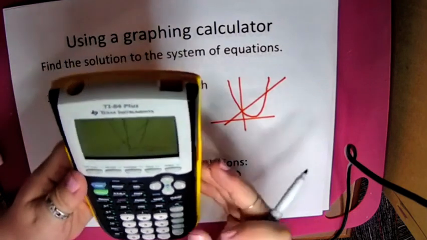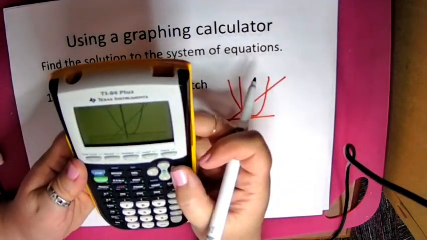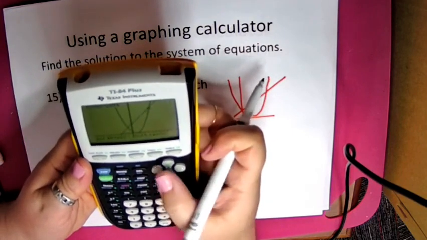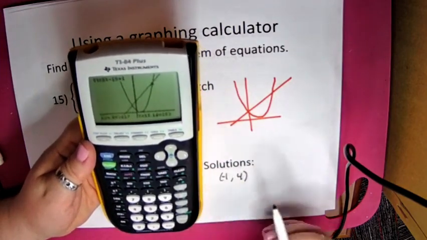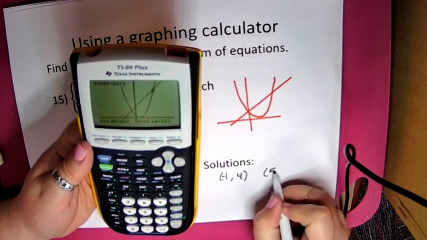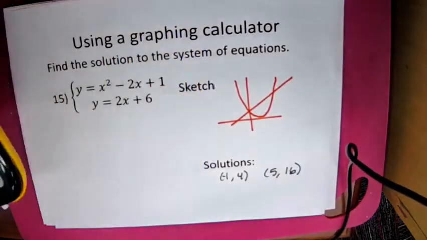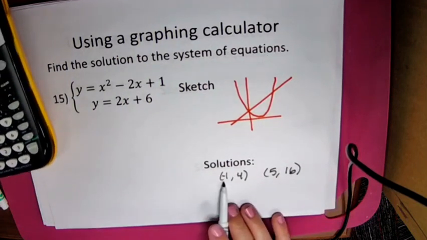And then I keep on my trace until my blinking light reaches the next space. Again, not perfect, but I'm going to say that's about 5 and 16, right about there. You can double check that by plugging that in.